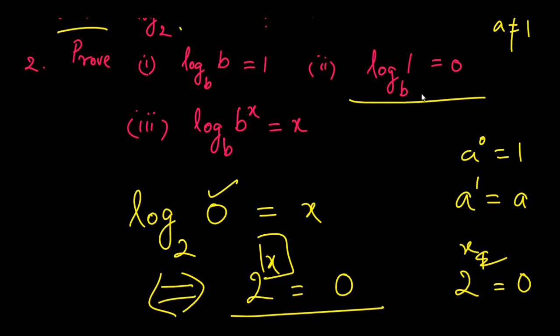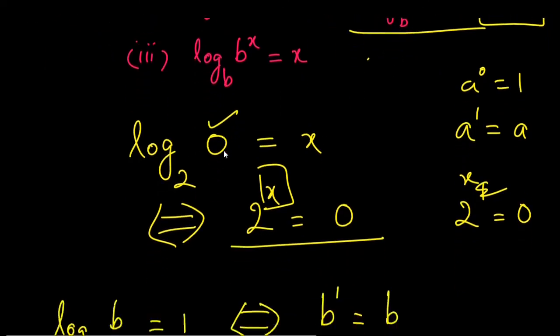Written in exponential form, we get b power 0 is equal to 1. So this is true. Log of 1 to the base b is equal to 0 is true.